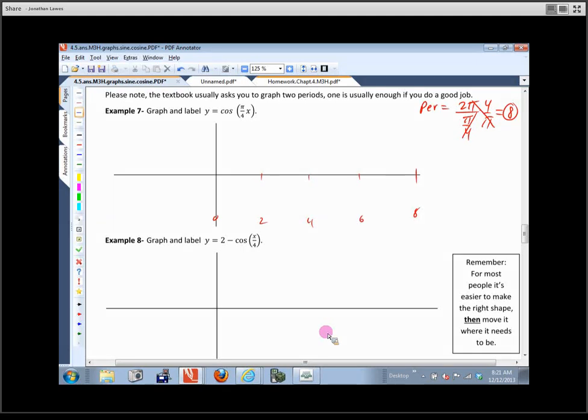Flipped it? Phase shift? Shifted it left to right or up or down? Nope, nothing. The only thing that changed on this was the period. We horizontally stretched this out. Okay, so we're going to start right here at 1. We're going to go down to 0, down to -1, back to 0, and back to +1. And the graph looks something like this.